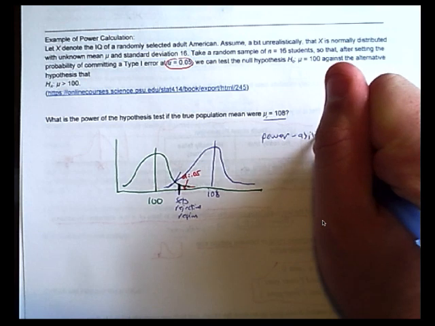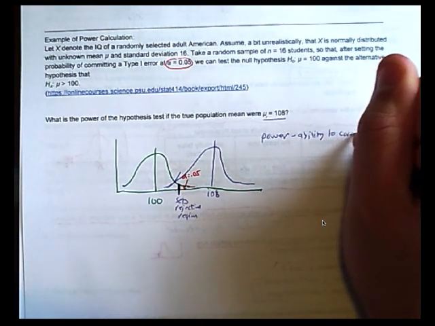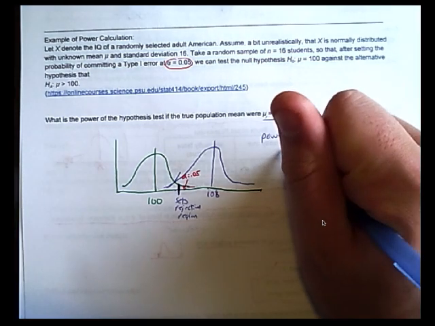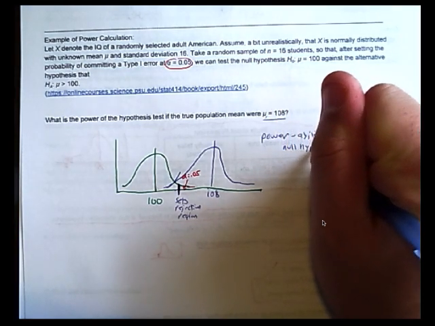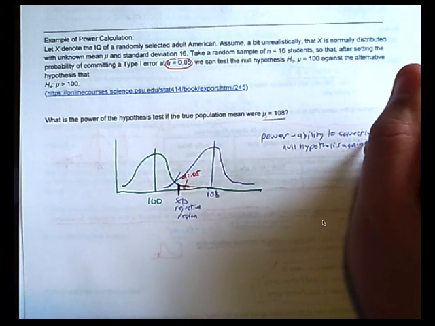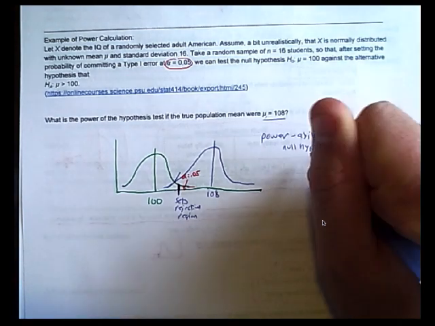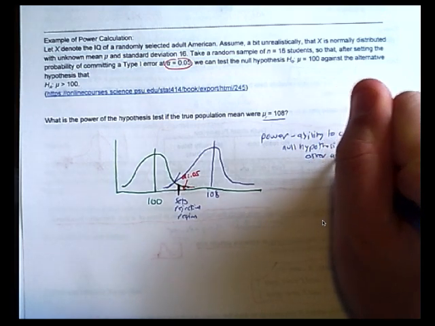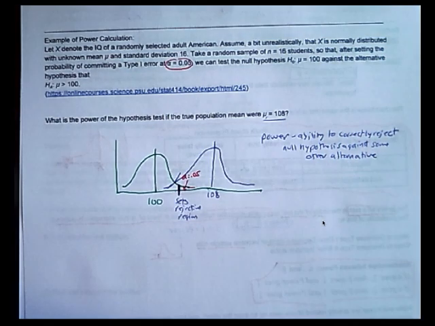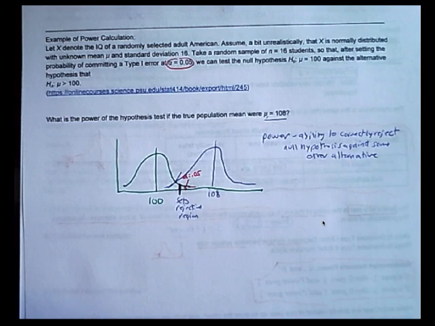Ability to correctly reject the null hypothesis against some other alternative.